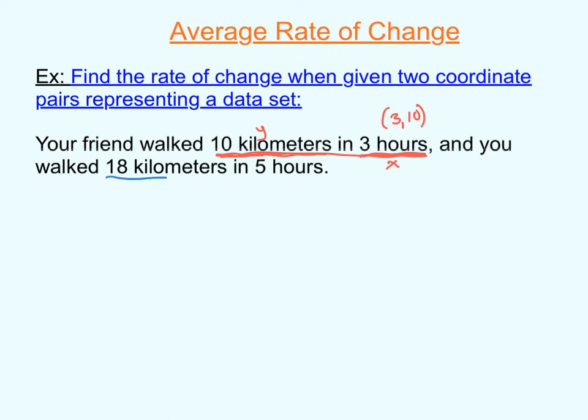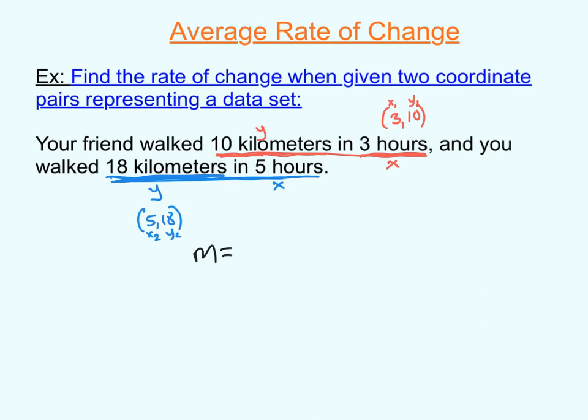And you are now here: 18 kilometers in 5 hours. So again, x is 5 because that's independent, and the amount of kilometers walked is dependent on the time. So that's the coordinate 5, 18. So now I just can use slope. Well, remember the slope formula, so it's m equals, well, I'm just going to label this as x1, y1, and here is x2, y2.